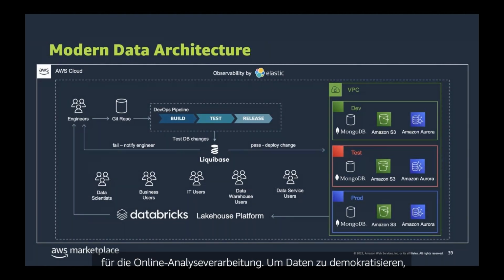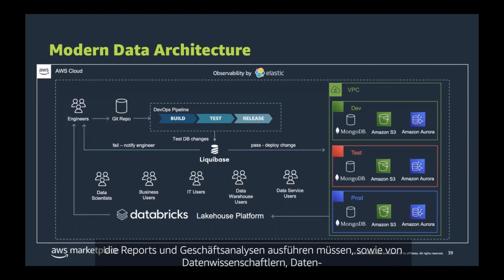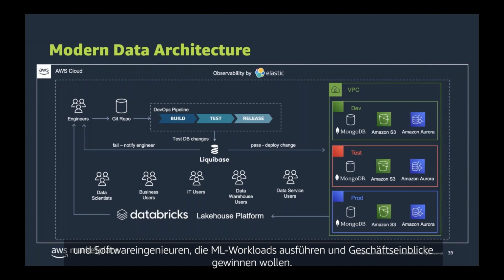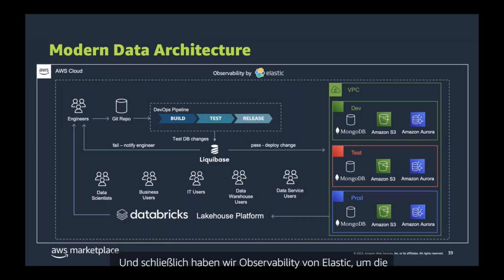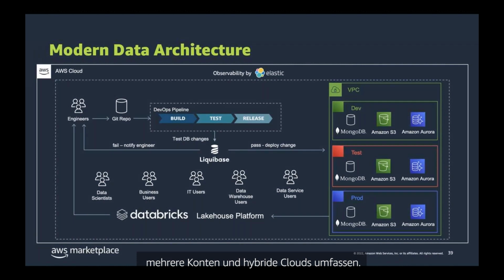To democratize data, the solution uses the Databricks Lakehouse platform that serves the needs of business professionals who need to run reports and business analytics, and data scientists, data engineers, and software engineers looking to run ML workloads and surface business insights. Lastly, we have observability by Elastic to provide that visibility to cloud-native applications that span multiple AZs, multiple regions, multiple accounts, and hybrid clouds.